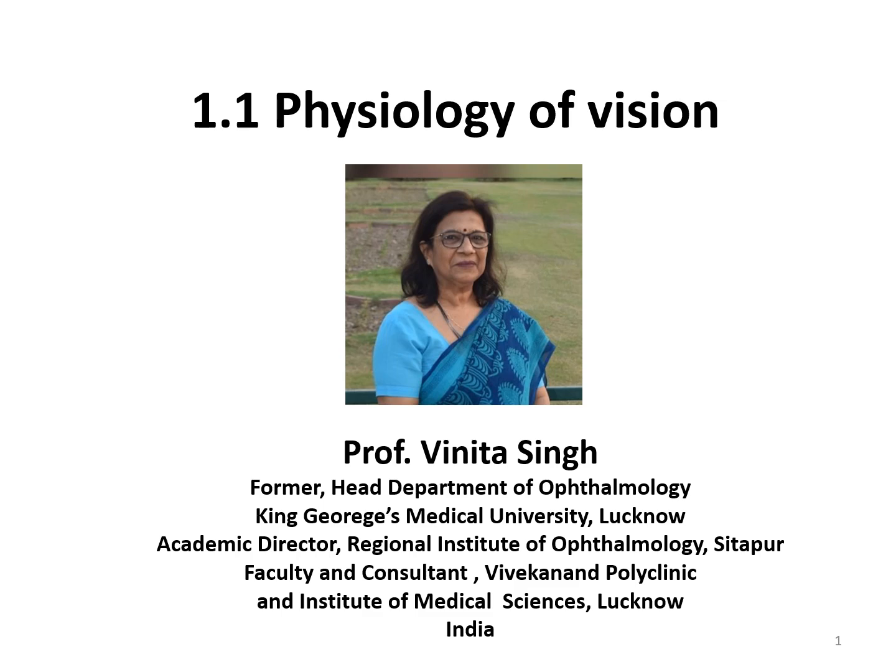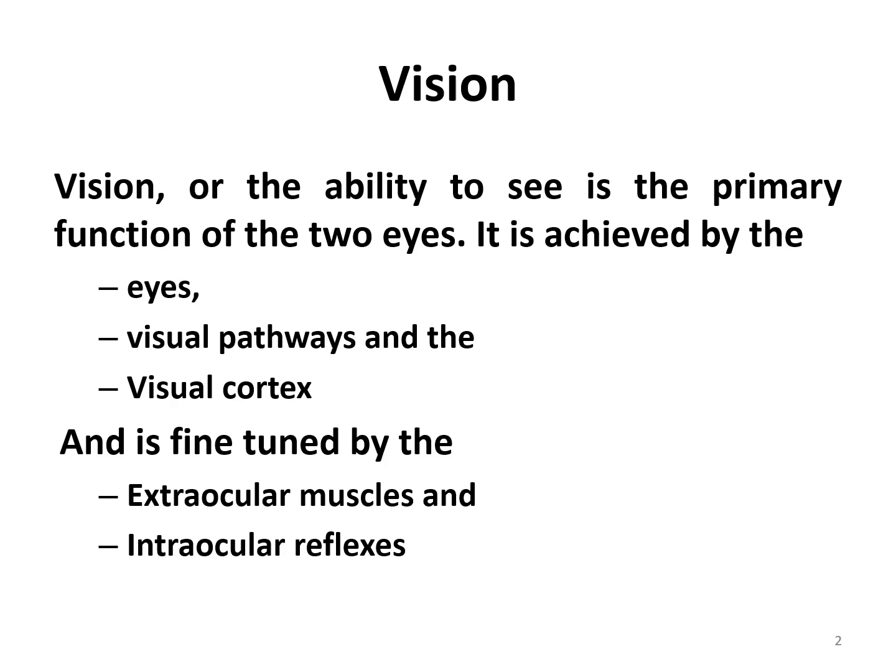Today, we shall try to understand the processes involved in the function of vision, that is, the physiology of vision. Vision, or the ability to see, is the primary function of the two eyes.